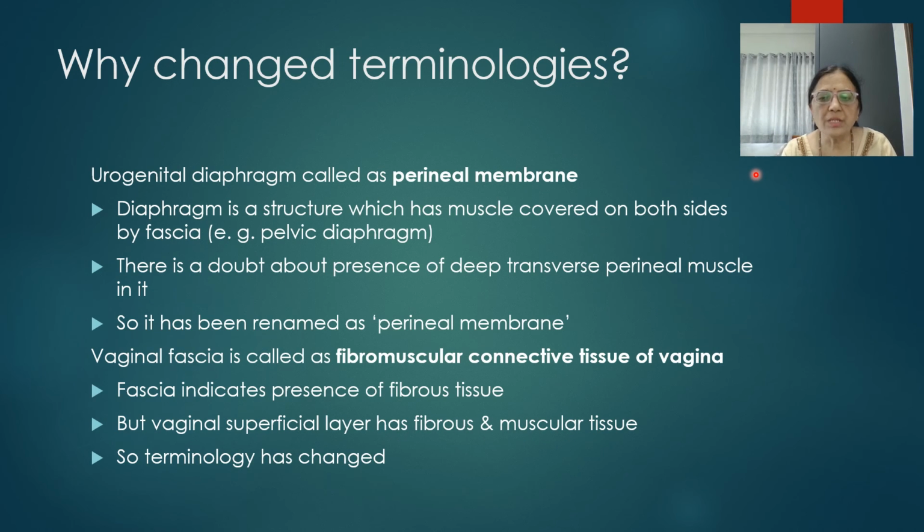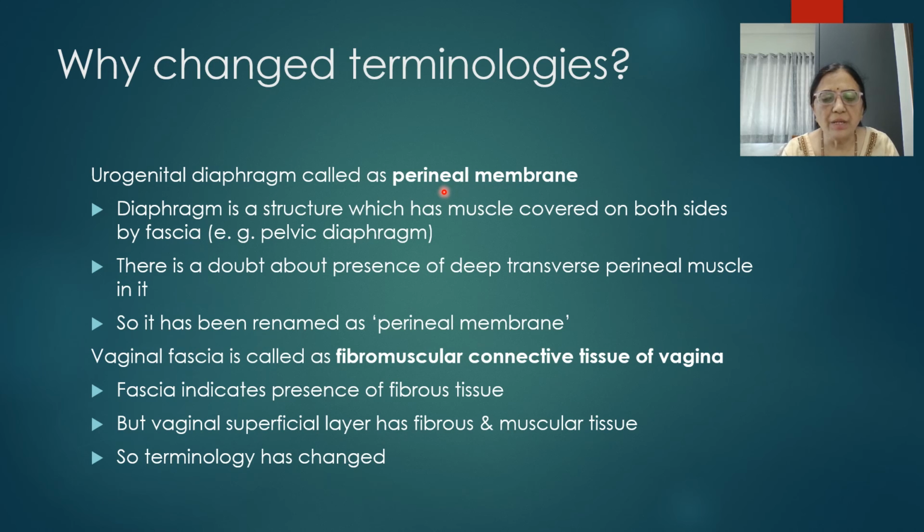Now, some terminologies have changed over the years. If we see the previous textbooks and the latest textbooks, or even the articles on internet, there is a change in terminology. Perineal membrane is being used at present, which was previously called as urogenital diaphragm, and students you might get confused if you read one textbook where it is written as urogenital diaphragm and another one where it is written as perineal membrane.